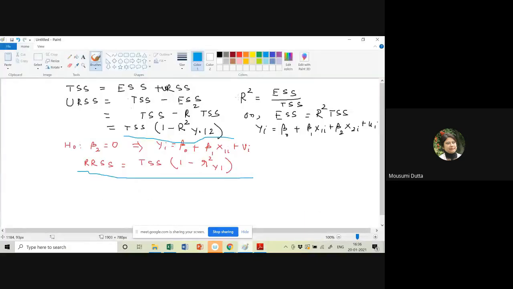So to explain this thing, the model becomes this one, which looks like the unrestricted model, because we are bringing x2i into the above model.